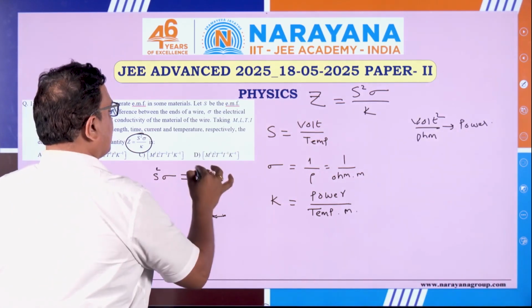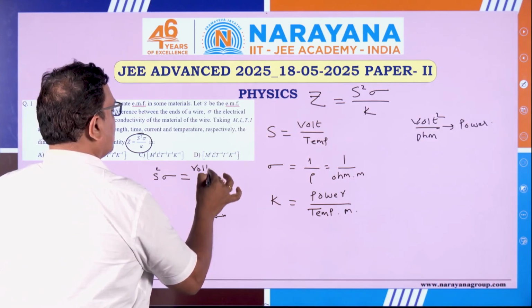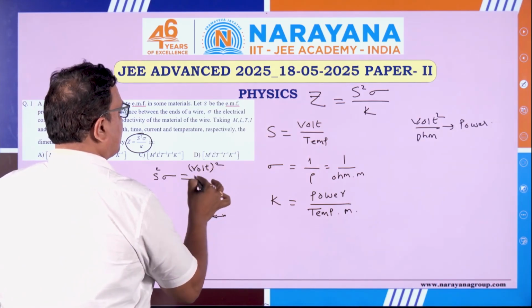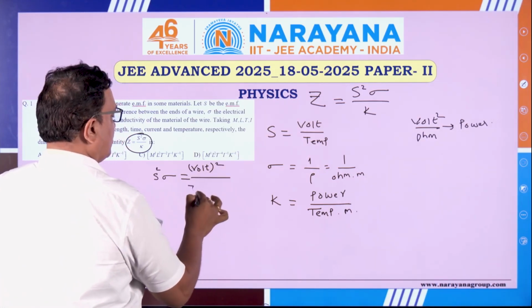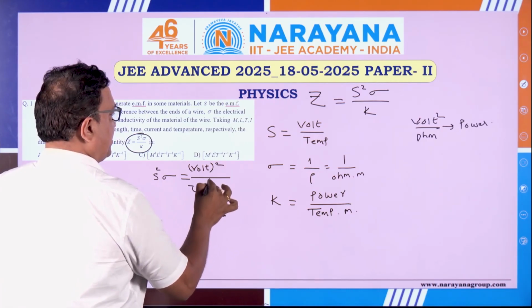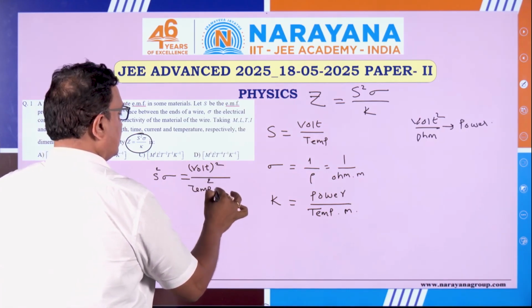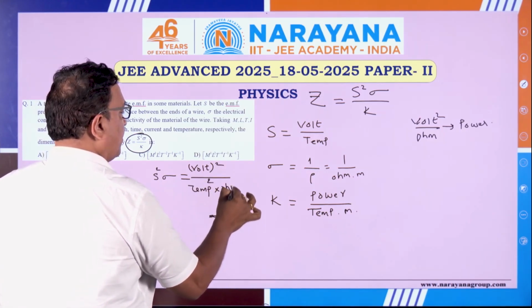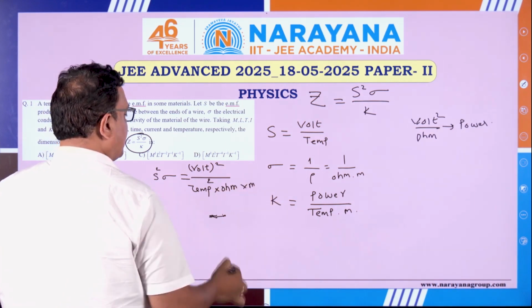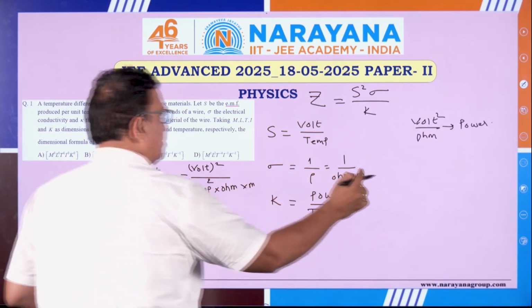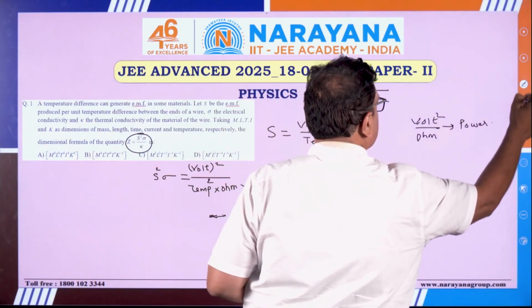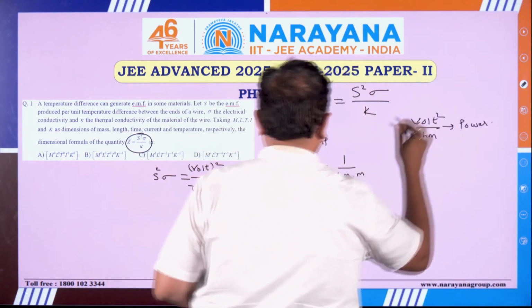S square sigma is volt square divided by temperature square ohm meter.